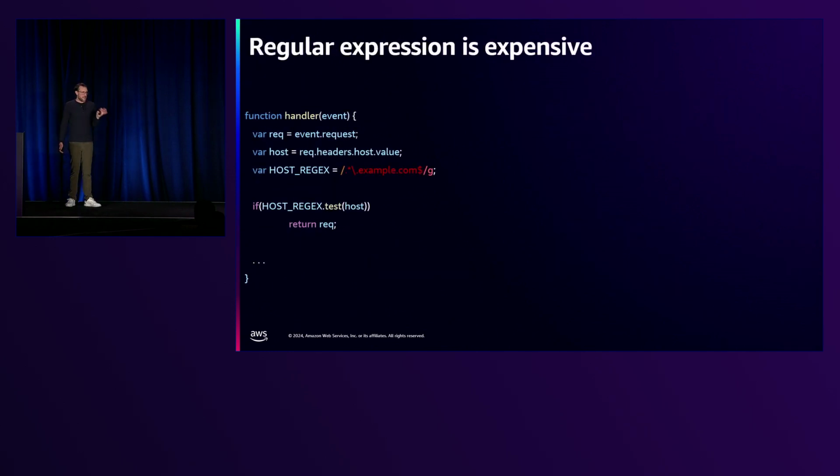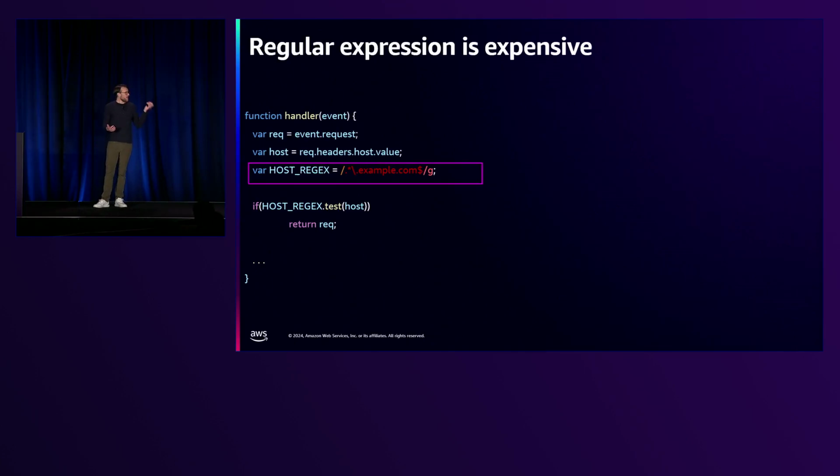A second best practice is around regular expression. It's very powerful. It's a great way to do string matching. But oftentimes inside your function, you're just doing pretty simple string matches. And this is an example here of just matching on a host header that's coming in. And you're just trying to see if it matches some domain name.